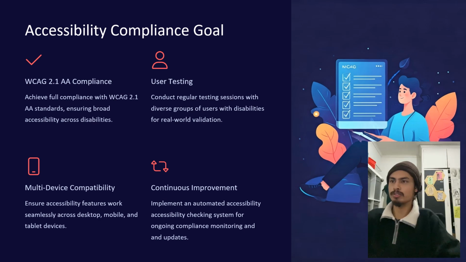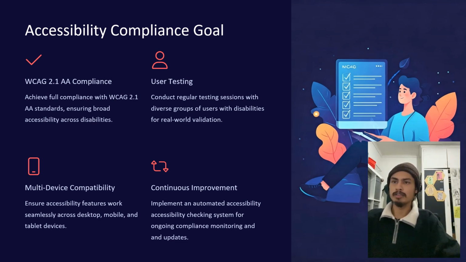The first one is WCAG 2.1 A compliance. I want to achieve full compliance with this standard, ensuring accessibility for all the disabilities. The second one is multi-device compatibility. It should be easily accessible on all kinds of mediums: tablet, desktop, mobile phone.